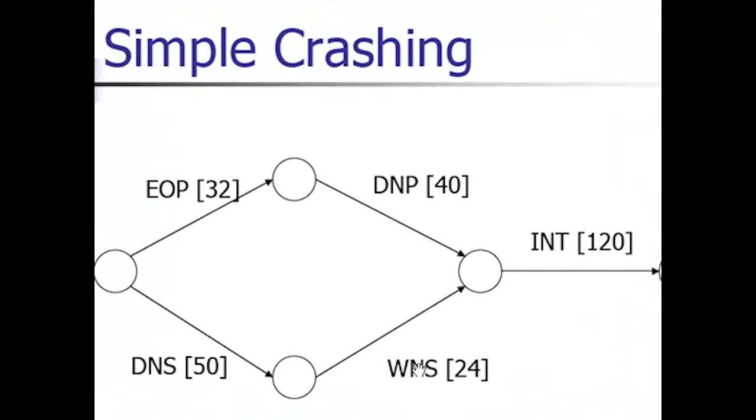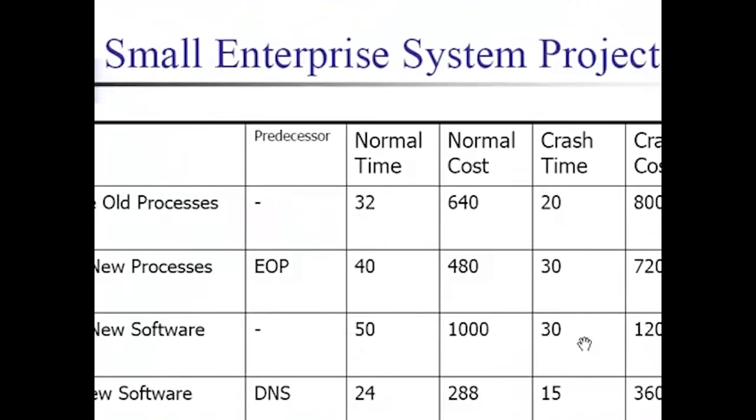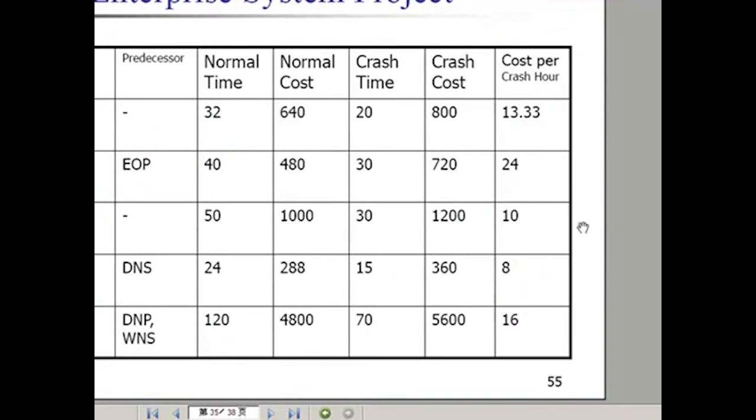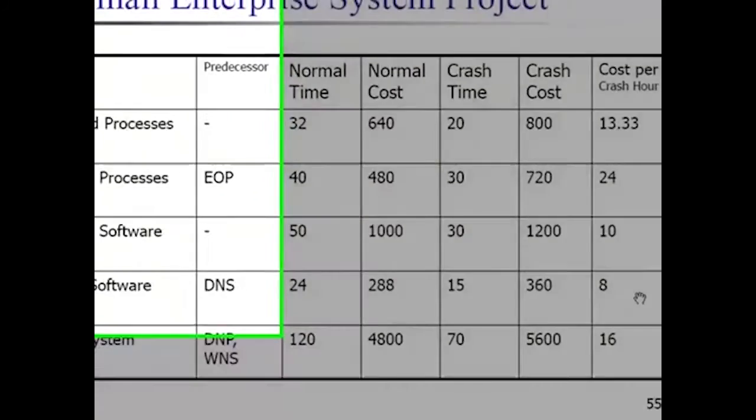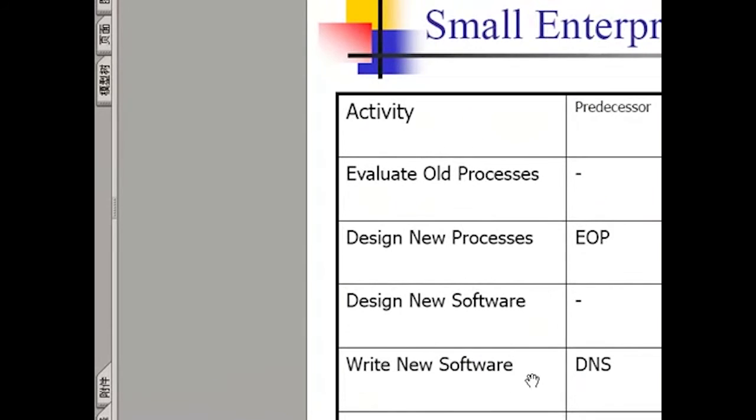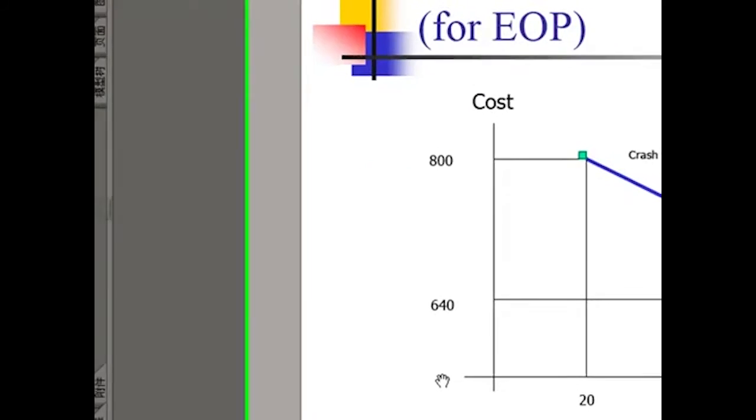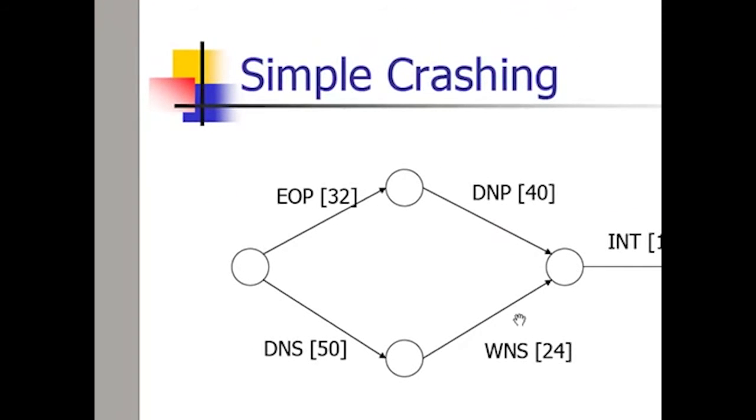Based on our calculation of the cost per crashing hour, we already see that the smallest cost is for the activity write new software, WNS. When we crash the whole project, we always first crash the activity on the critical path with the smallest crashing cost per unit of hour.